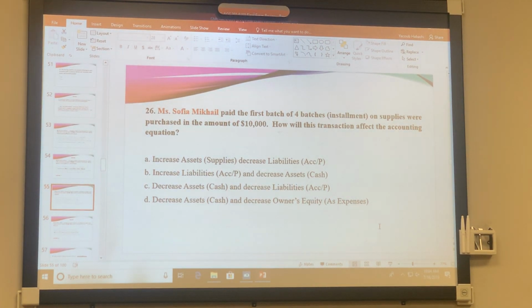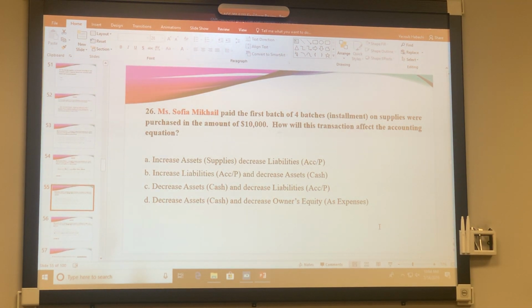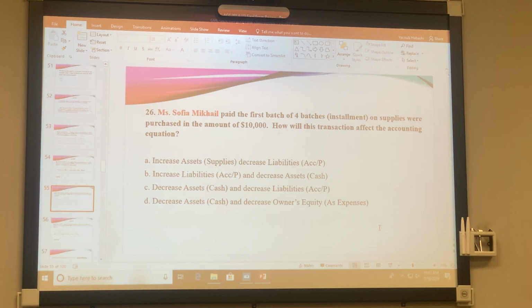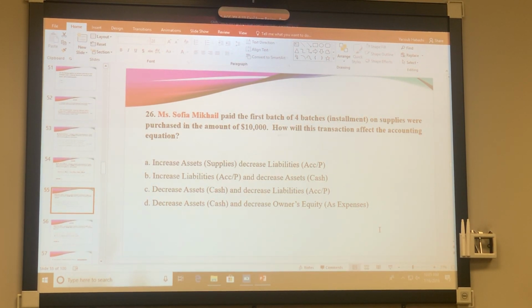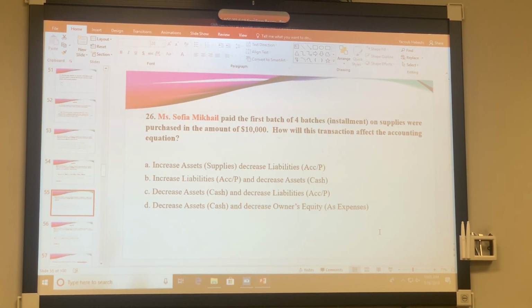C. Why C? Because she's still not done paying all of the batches, but she will spend some of her money paying off the batch, and she also decreases some of her liabilities because she doesn't have as much to pay off. That's not right. Oh. It's not C?